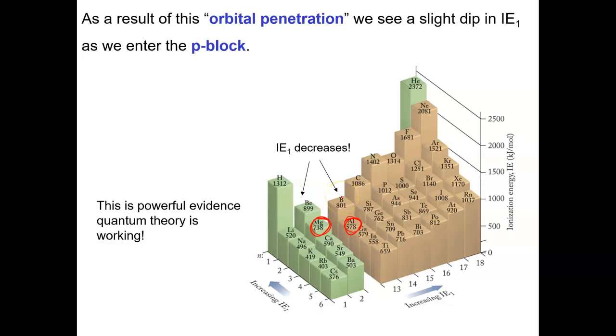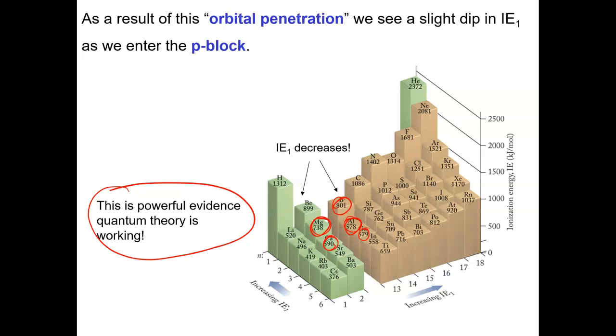And we see that repeated consistently, that these p electrons are a little easier to remove than we're expecting. Once we get beyond the fourth row, less so, or we stop seeing the trend. But for rows 1 through 3, it's very obvious that the p electron is a little easier to remove than what we might expect. Now, these are minor details, but it's powerful evidence that Schrodinger's quantum theory is actually working.